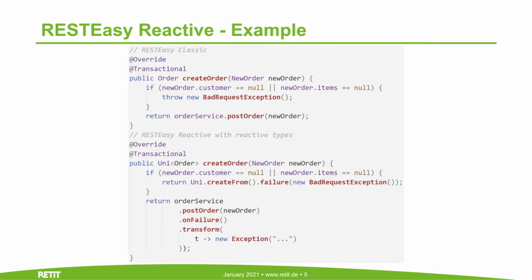RESTEasy Reactive, because it's reactive, can make use of reactive programming libraries like Mutiny, or can maybe return completion stages. You might have heard of RxJava or Reactor, but because Quarkus is tightly integrated with Mutiny, I'll go over Mutiny in more detail.